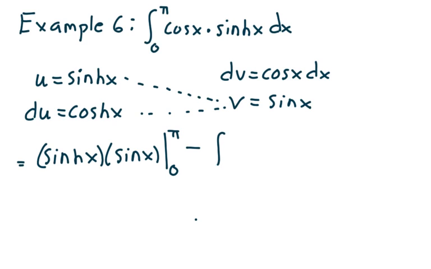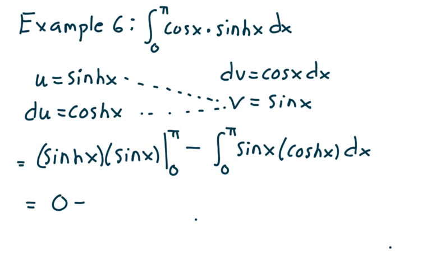And I'm going to subtract the integral from 0 to pi of sine of x times hyperbolic cosine x dx. Now, if I plug pi in for x and plug 0 in for x, this is 0.